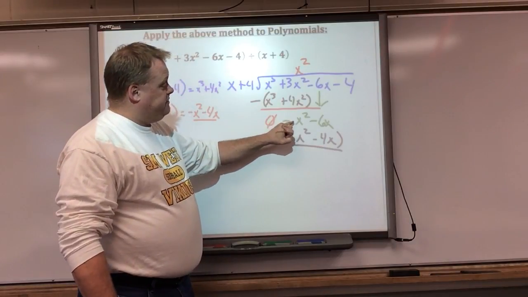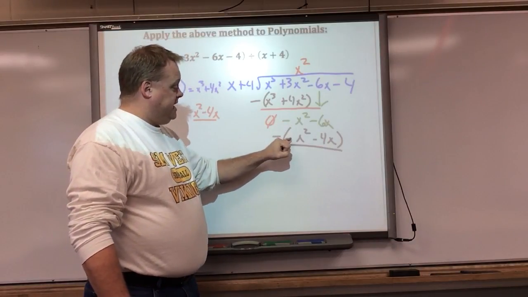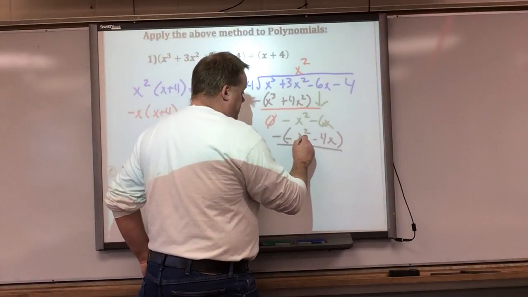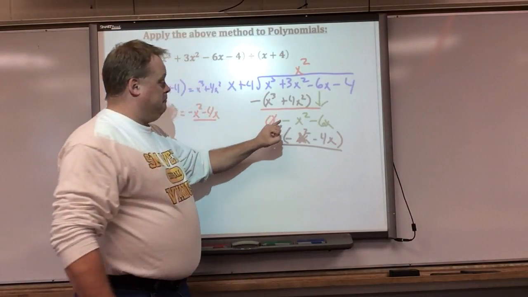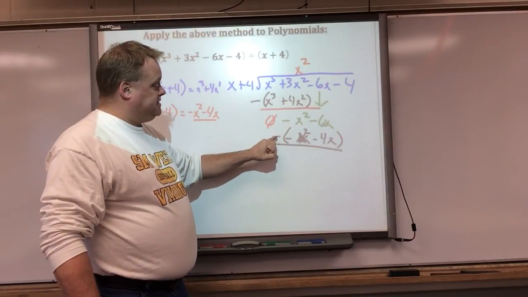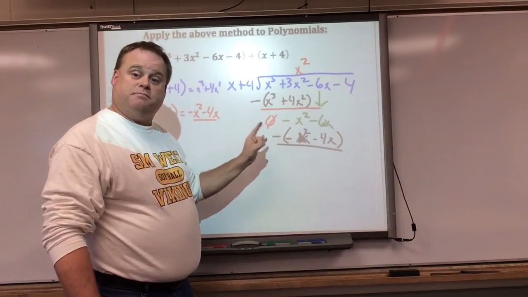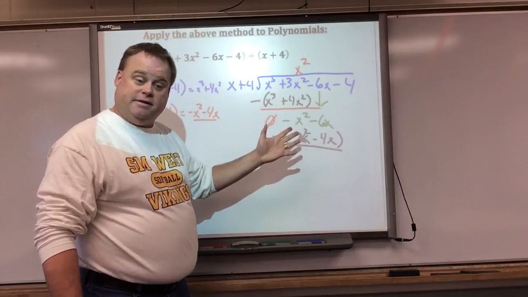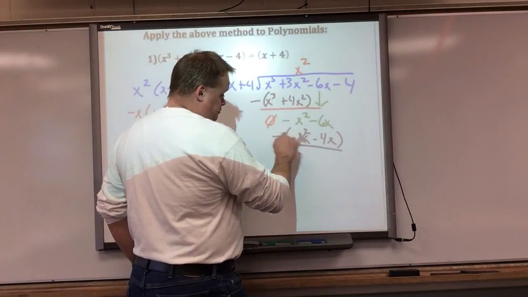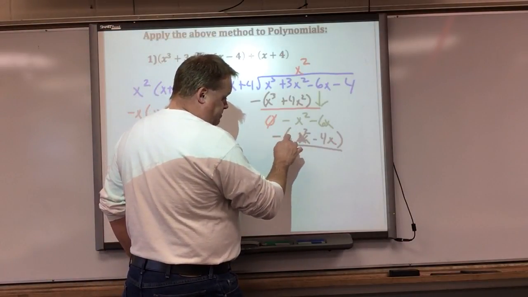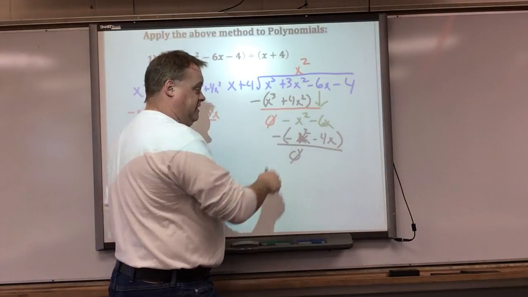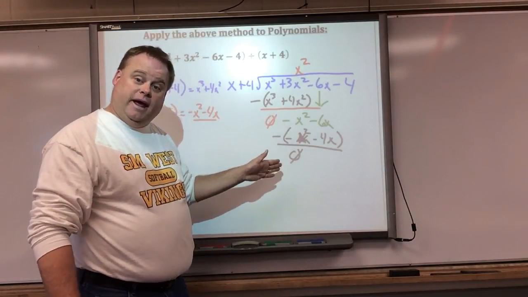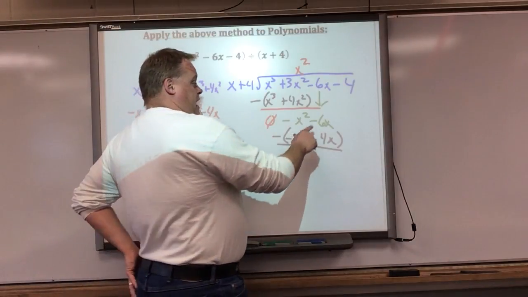Because a negative x squared minus a negative x squared. Well, what's minus a negative? Positive. So the negative x squared minus a negative x squared becomes nothing at all, because this becomes a positive and therefore they eliminate, right?